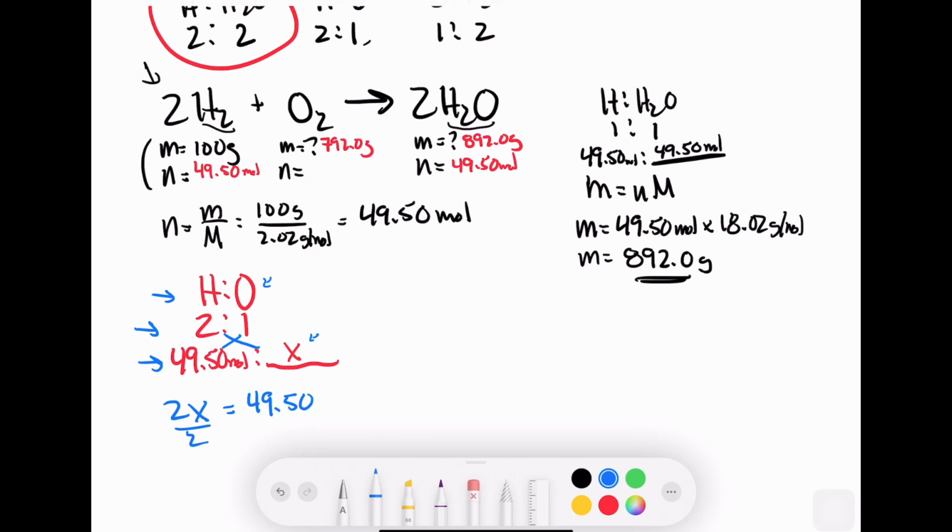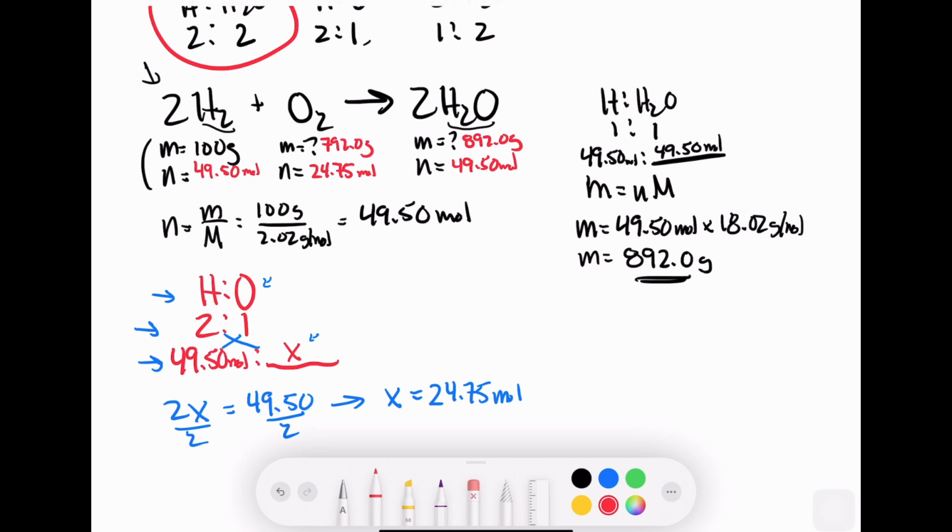And when I divide out 2 on both sides, I get x equals 24.75 moles. And so now I know my moles of oxygen that satisfies that ratio.